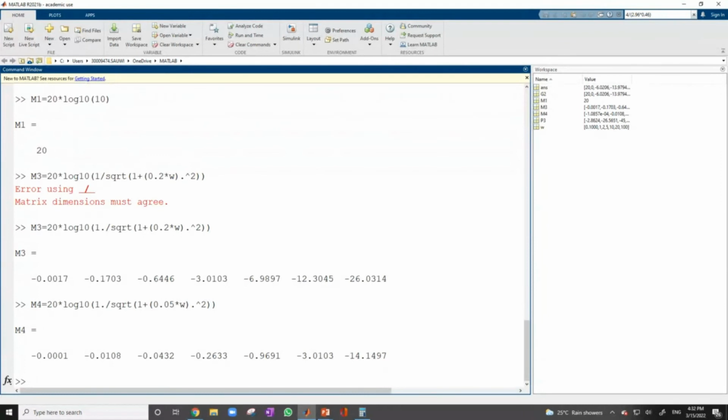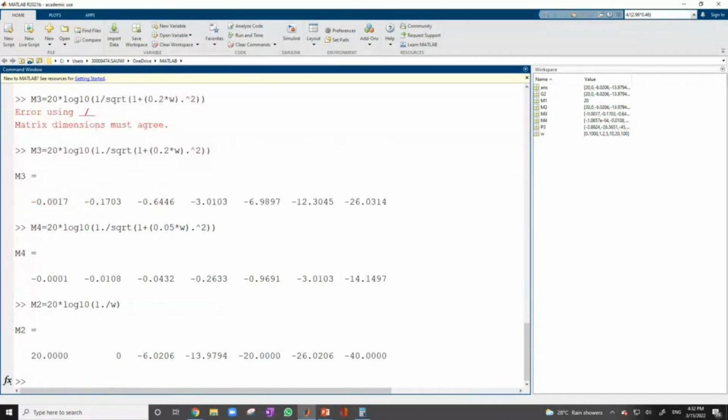We already got our value for M1, and I'm going to do another kind of cheat here. We said M2 is 20 times log 10 of 1 over omega, right?